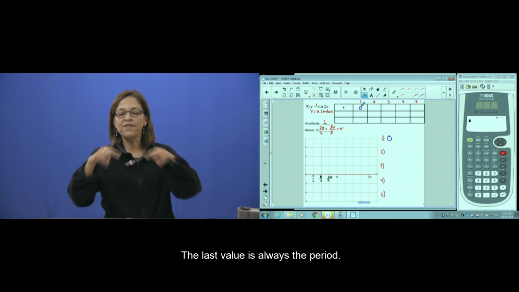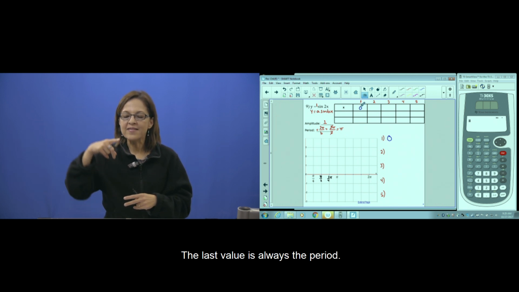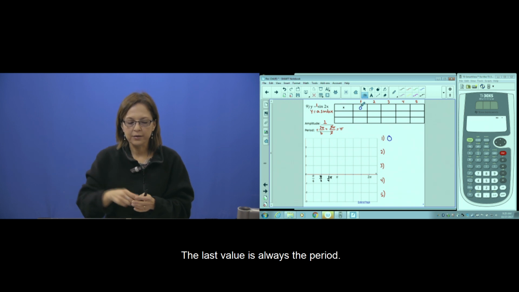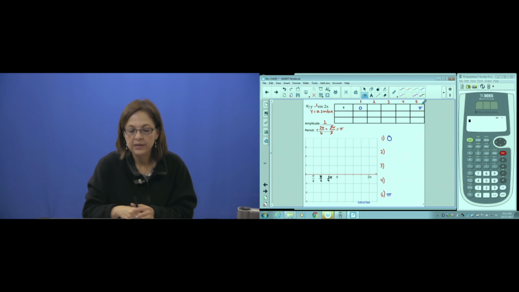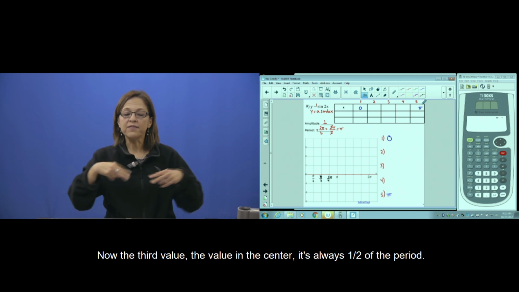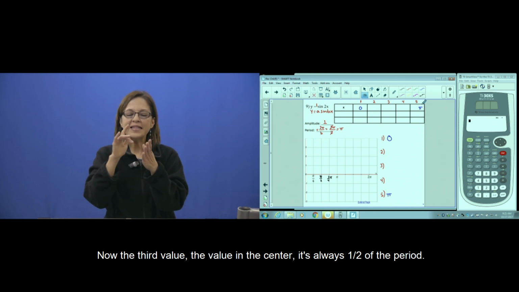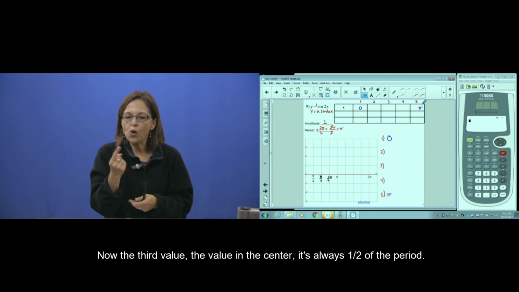The last value is always the period. Now, the third value, the value in the center, is always 1/2 of the period.